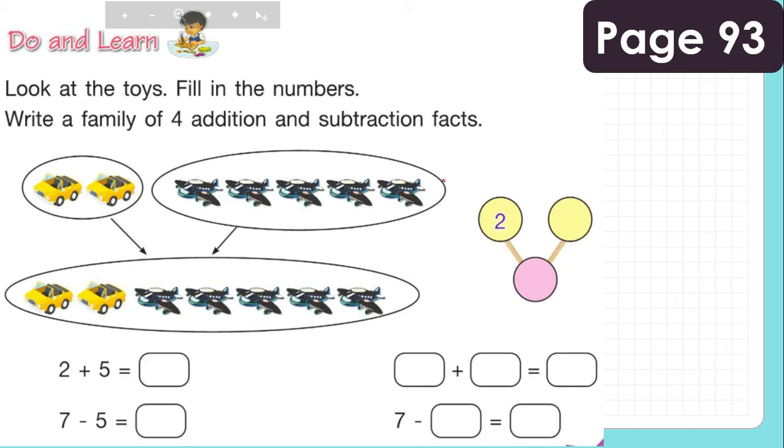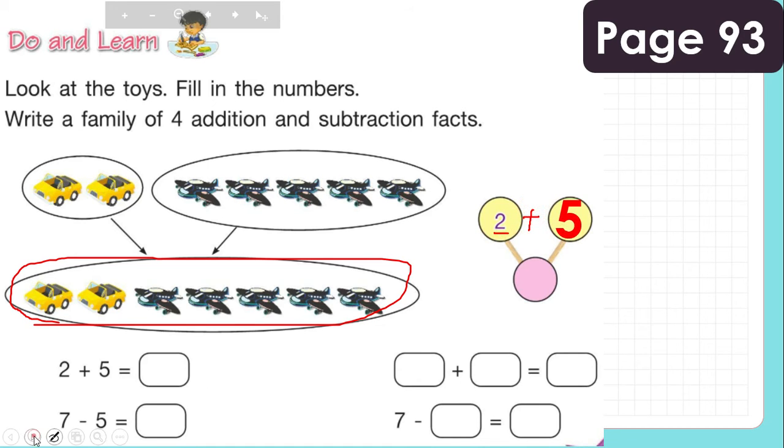Let's fill in first the other part of the number bond. We're going to count the other toy: 1, 2, 3, 4, and 5. So there are 5 toy airplanes, and we're going to write 5 in the circle. And then, how do we get the whole number? We need to add 2 and 5.